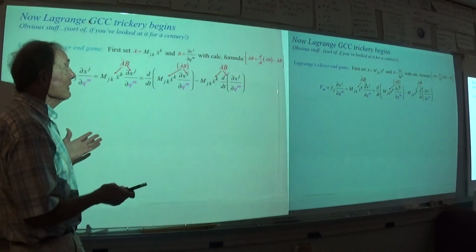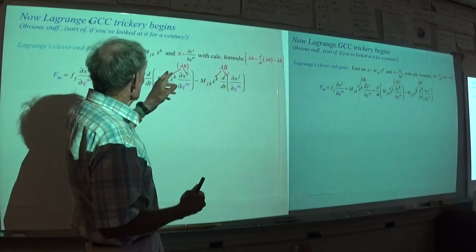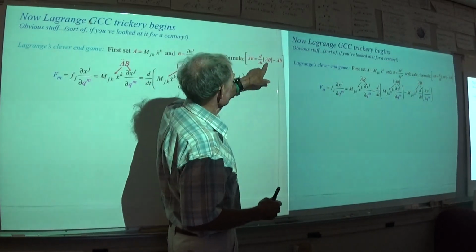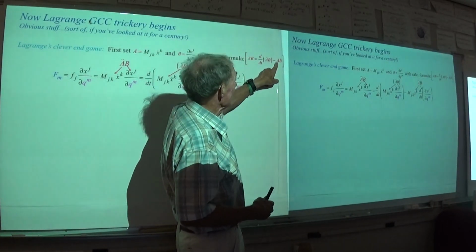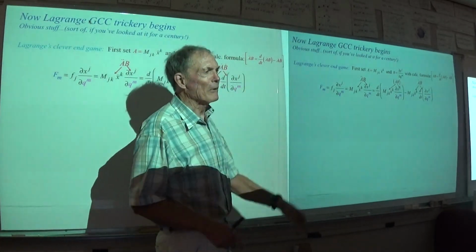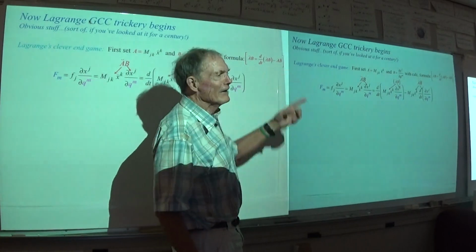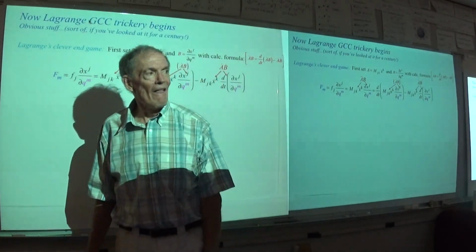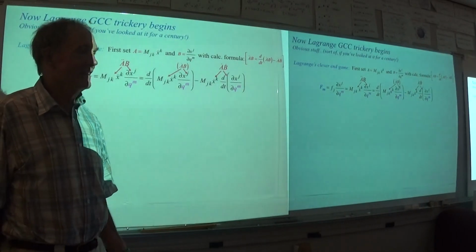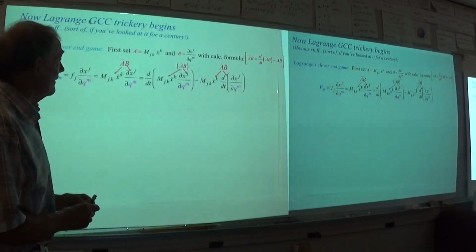The trickery here is just to use the differential relation a dot b-dot is equal to the first derivative of a dot b minus a-dot dot b. That's just the derivative of a product, right? Turned into a funny equation, right? That's the trick. That's it. Except you got to know what to do it with.